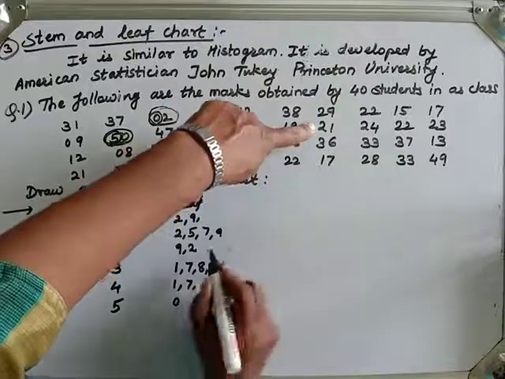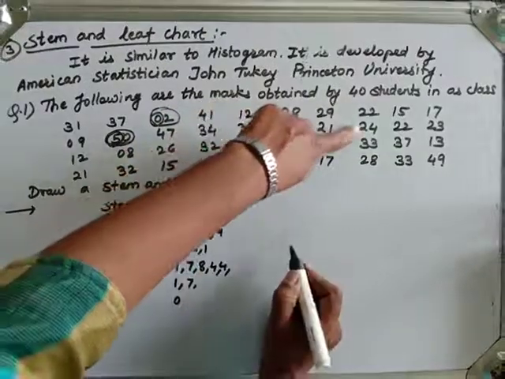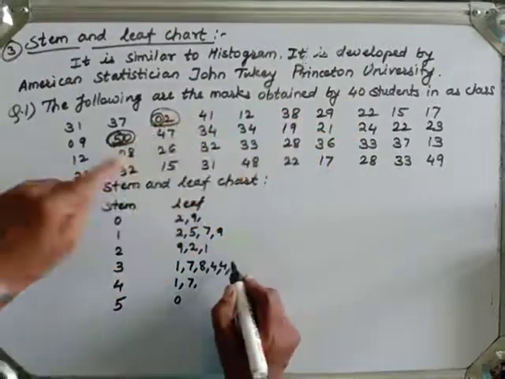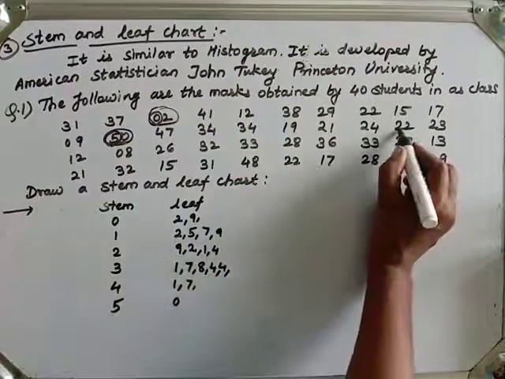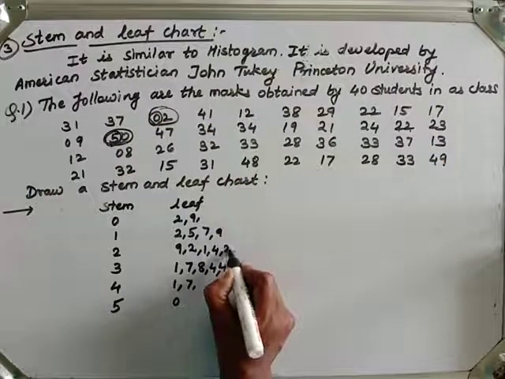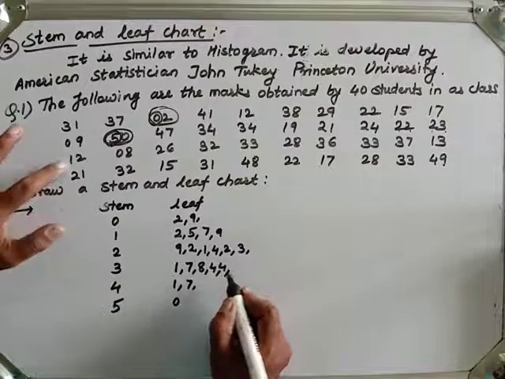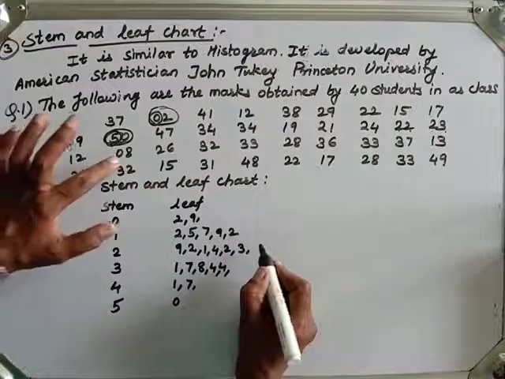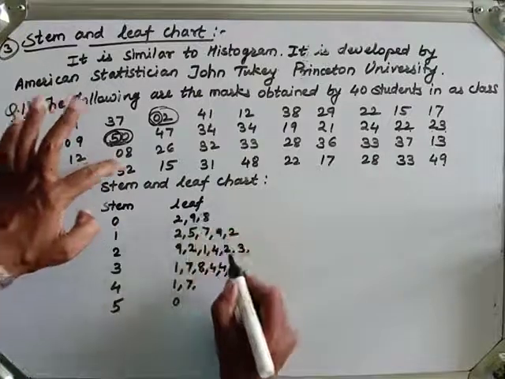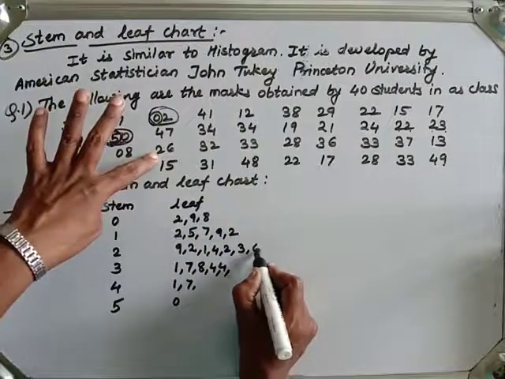Then stem is 2, leaf is 1. Stem is 2, leaf is 4. Again stem is 2, leaf is 2. Again stem is 2, leaf is 3. Again stem is 1, leaf is 2. Stem is 0, leaf is 8. Stem is 2, leaf is 6.